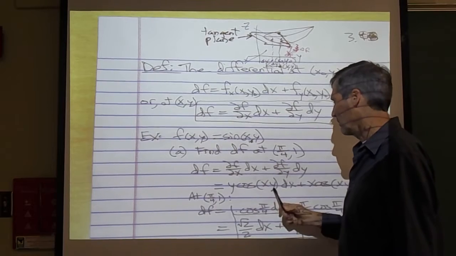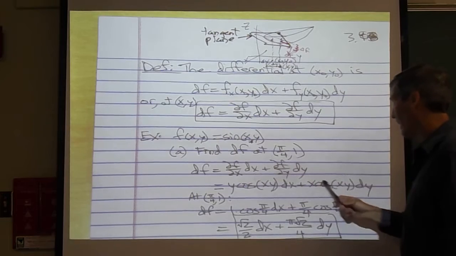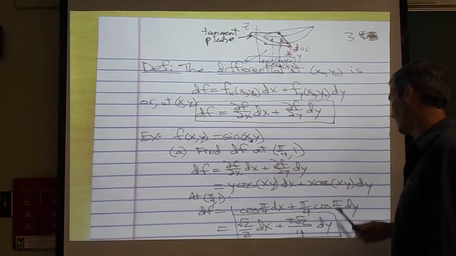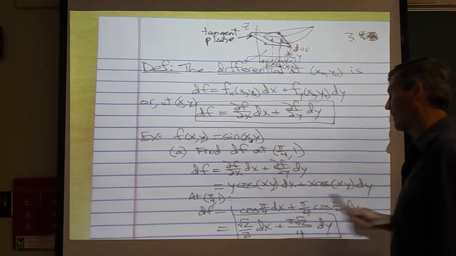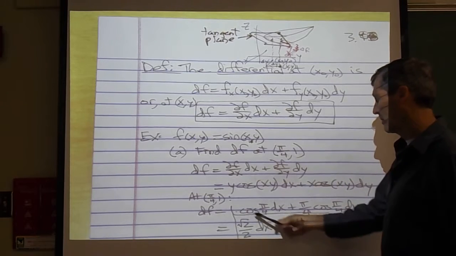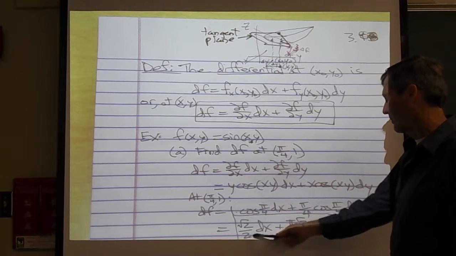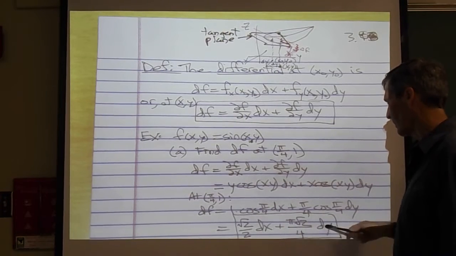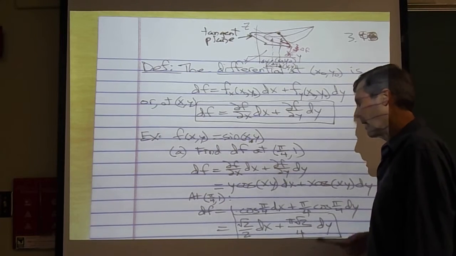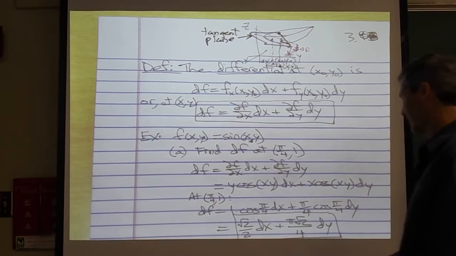And then you put back k equals y. So that's the partial with respect to x, times dx, plus the partial with respect to y, which is x cosine xy, because now you're treating x as a constant, all times dy. So there's the differential at an arbitrary point x, y. For the differential at pi over 4, 1, you just plug in x equals pi over 4 and y equals 1, and you get pi square root 2 over 2 dx plus pi square root 2 over 4 dy is df. It's a number times dx plus a number times dy when you're at any given fixed point.